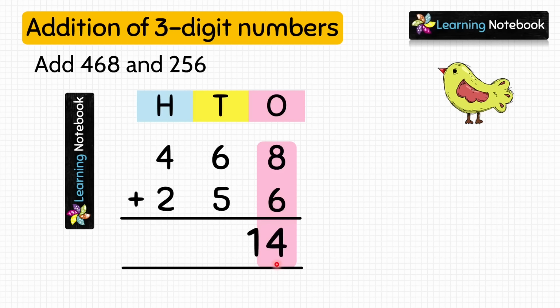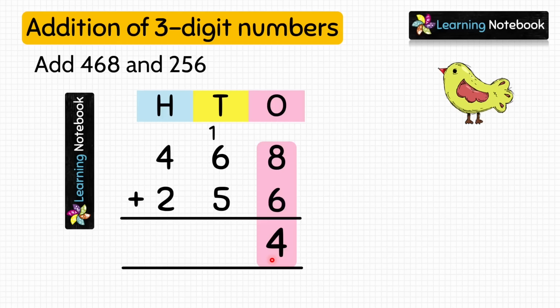Now students, 14 is a 2-digit number. So we will carry 1 to the tens place and 4 comes in the answer. Why are we doing this? Because 14 means 1 tens and 4 ones.